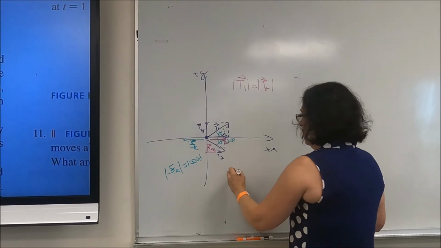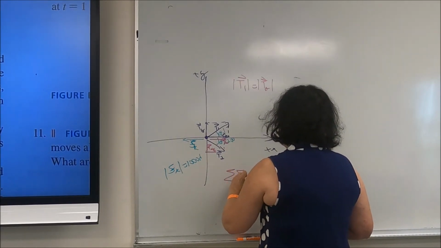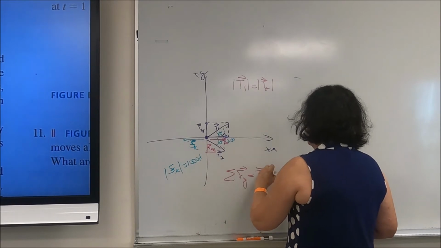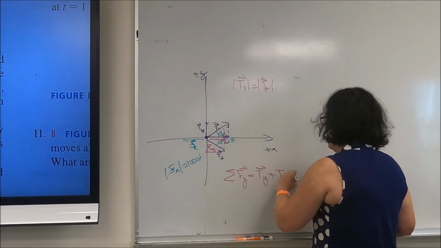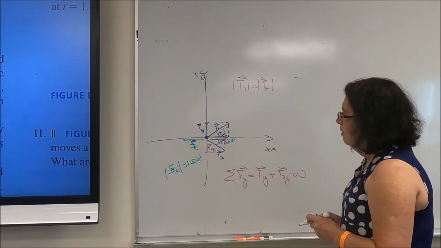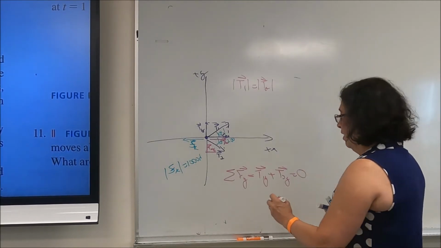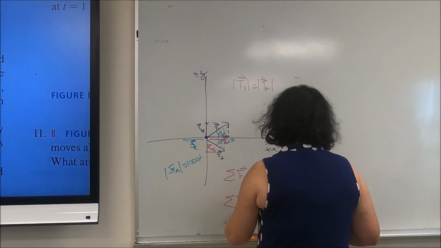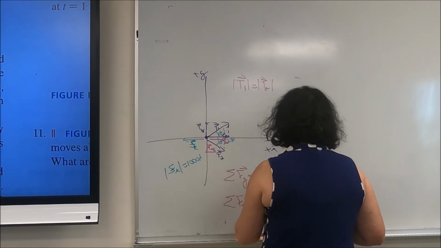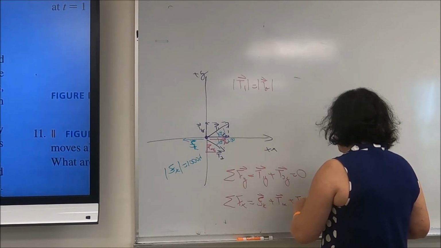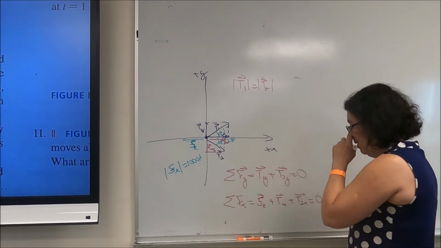Okay? Now, the sum of forces in the y direction is T1y plus T2y, which equals 0. That doesn't do me a whole lot of good. If we look at the sum of forces in the x direction, I have the frictional force, T1x, and T2x having to add up to be 0.